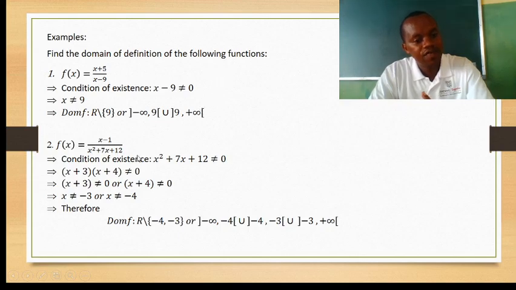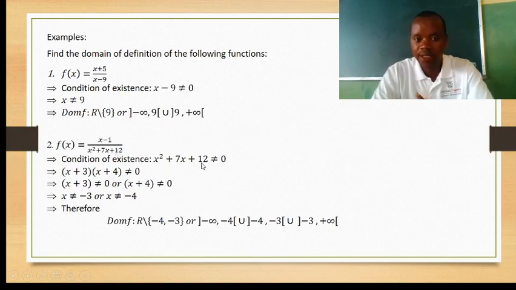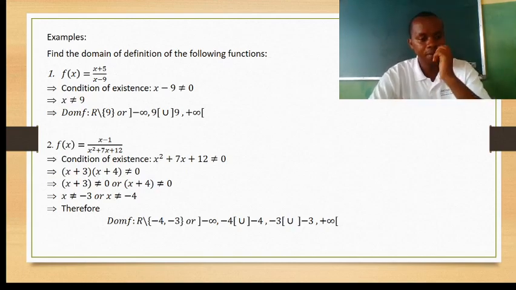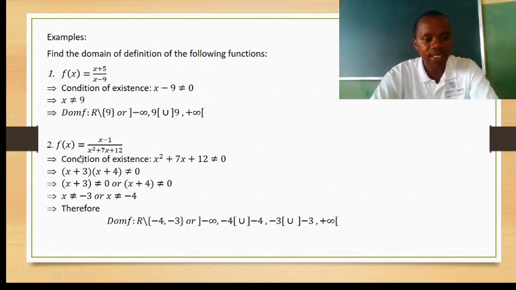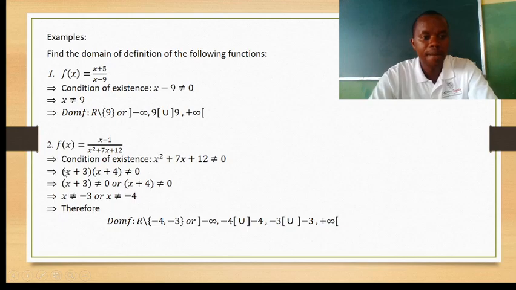To find the values which make this denominator part equal to 0, if we have a quadratic expression like this, we can use any way that we want. We can use delta, we can use grouping, we can use any way that we want, but in this case we have used factorization.